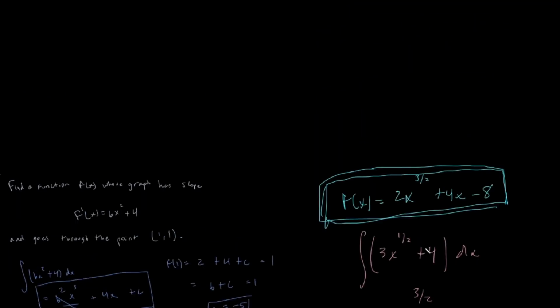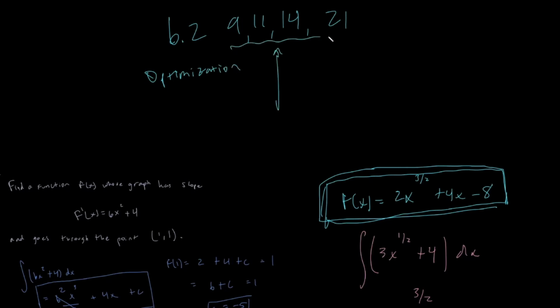Let's conclude there. And I told you that I would give you some problems to look at so you'd be ready for the quiz. So if you look at 6.2, 9, 11, 14, 21, the one optimization problem that I put on the quiz will be pretty much exactly like one of those.